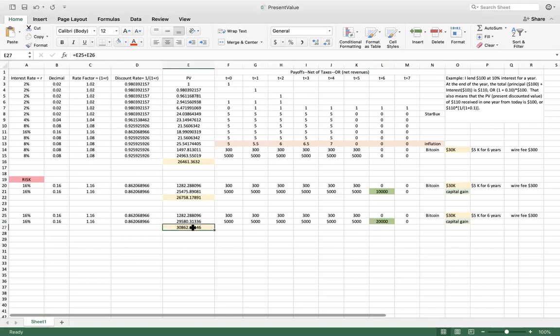Now I'm starting to get some alignment between what I paid for the Bitcoin and the value of the Bitcoin in terms of its present value. So that's basically the gist of it.